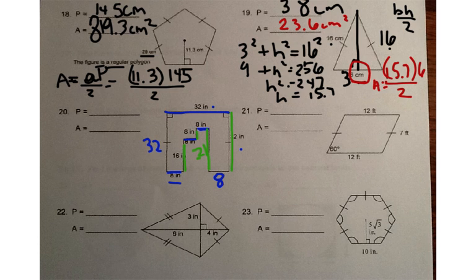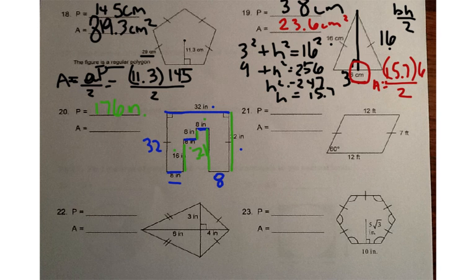So now I've got an 8 here, and an 8 here, and an 8 here, and a 16 here, and I've got a number on every edge of my shape. So I can go through and add those each up one at a time, and that will give me a total of 176 inches.